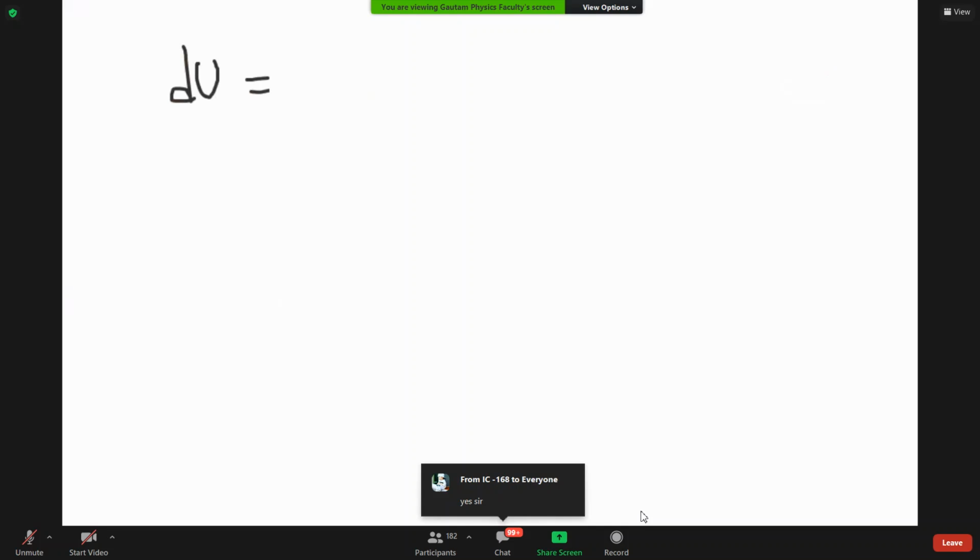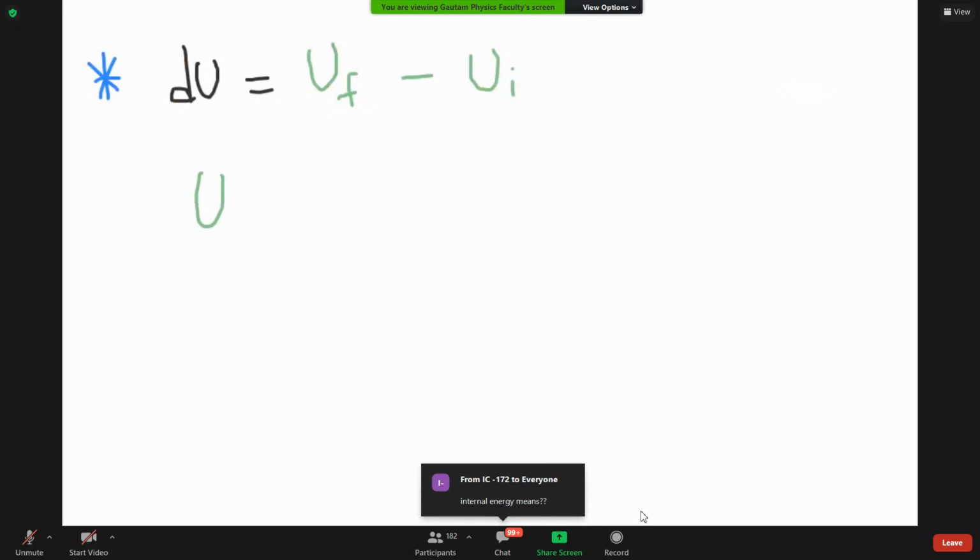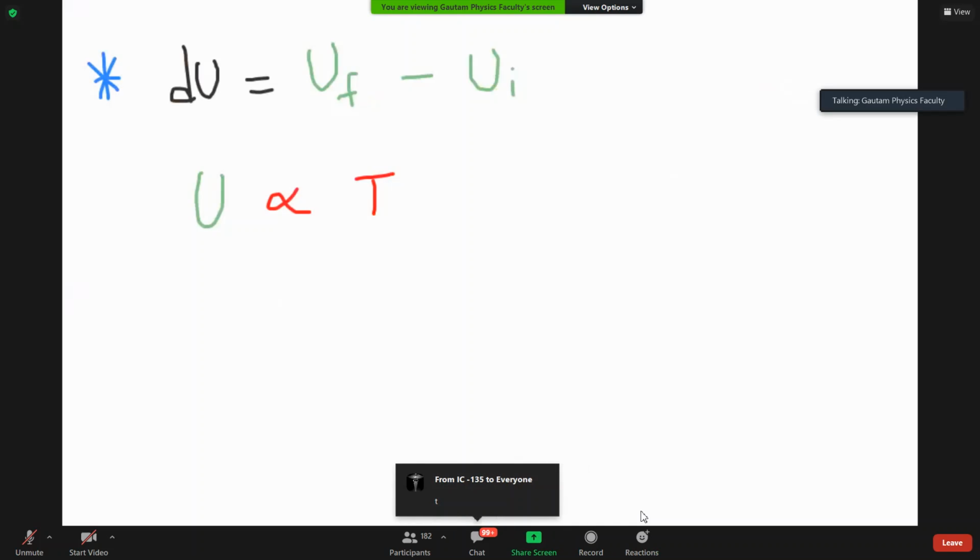dU is equal to U final minus U initial. So change in internal energy means final internal energy minus initial internal energy. What is this internal energy? Internal energy we can write as directly proportional to temperature.